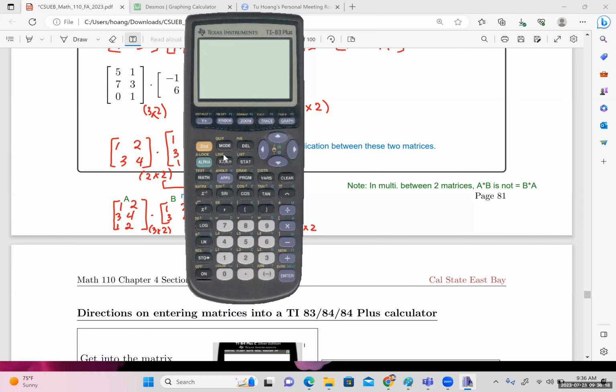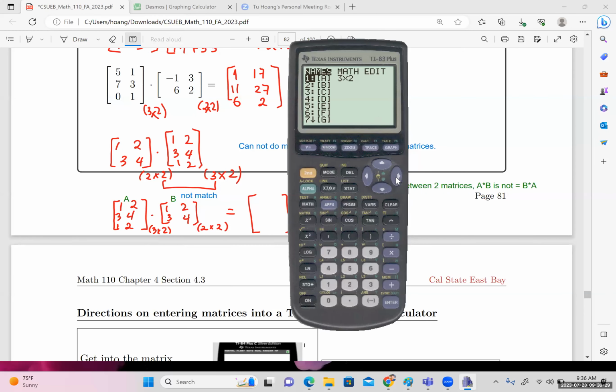So click second, matrix, and then go to edit. You move to number 2 here because you want to do matrix B, and you enter that. You need to edit matrix B to be 2 by 2.